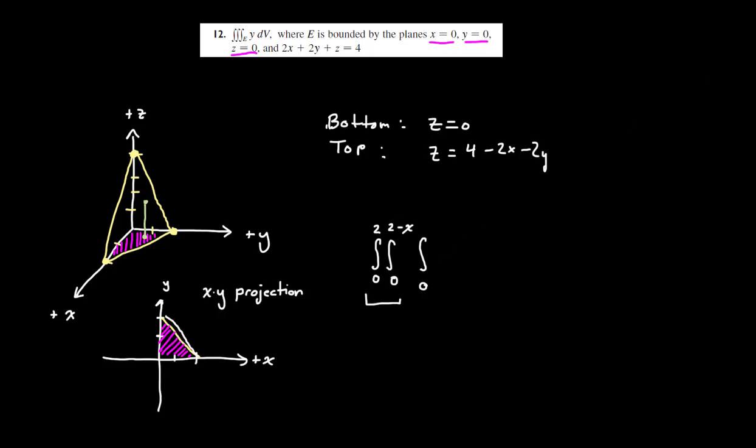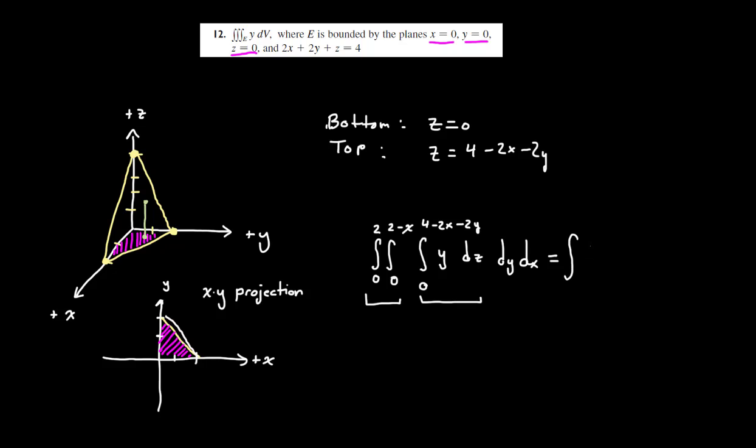So the top bound is the plane z equals 4 minus 2x minus 2y. And this is dz for this portion here. And then we went outward dy dx.